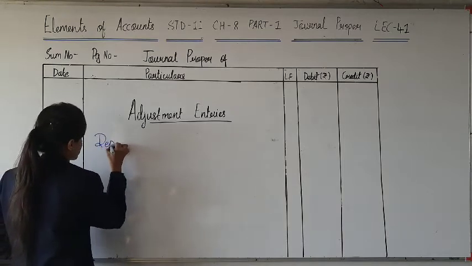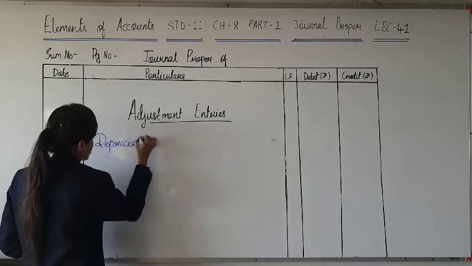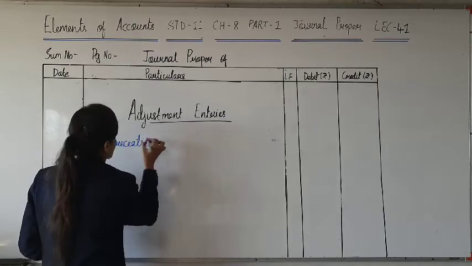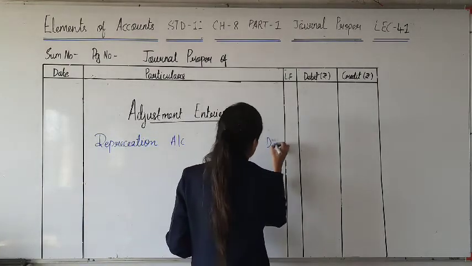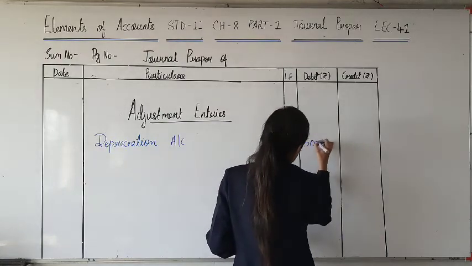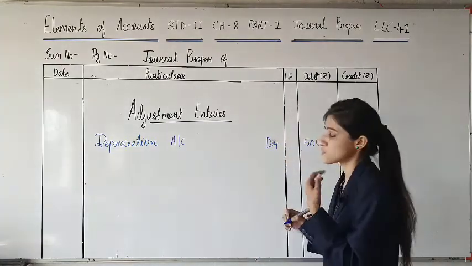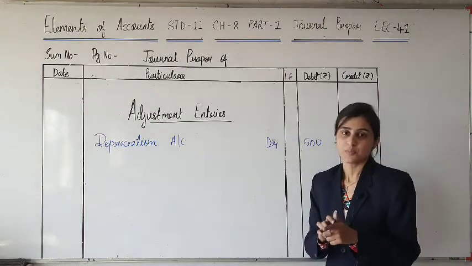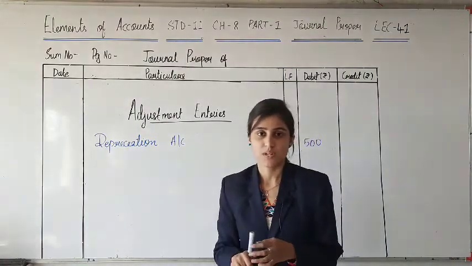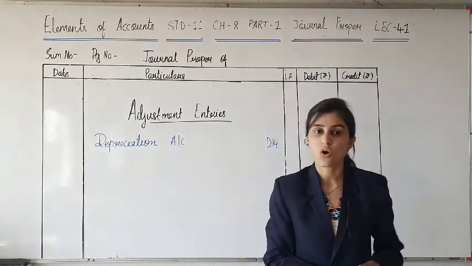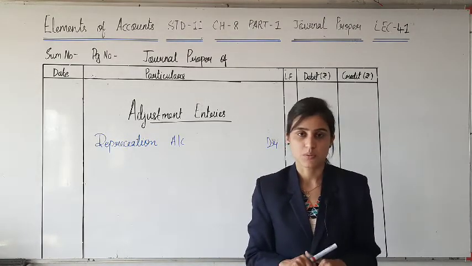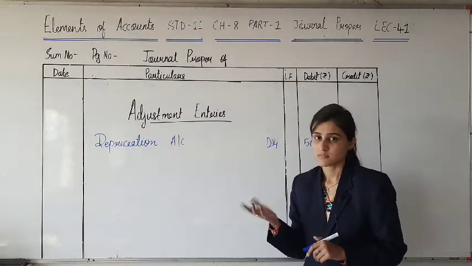Depreciation, you've heard about this word, that it is a non-cash expense. In chapter 1, the definition I have explained about depreciation. Depreciation is non-cash expense, if you remember, but it is expense.